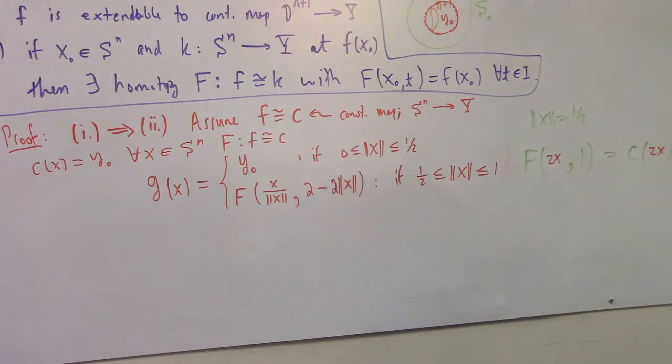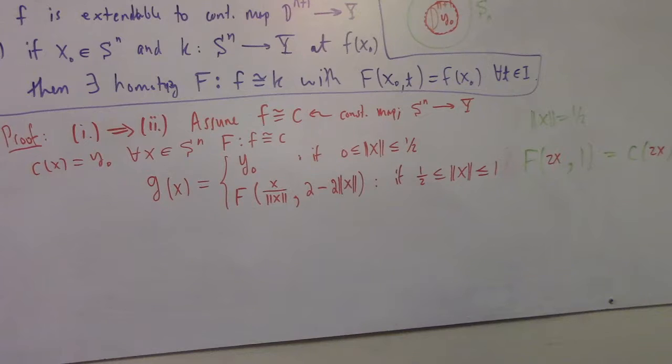Is that right? Yeah, and 2x is an element of S^n, since the norm of x is a half. Shouldn't it be x over 2 though? No, you're dividing by 1/2. Oh, right. Yeah, I think that's right.